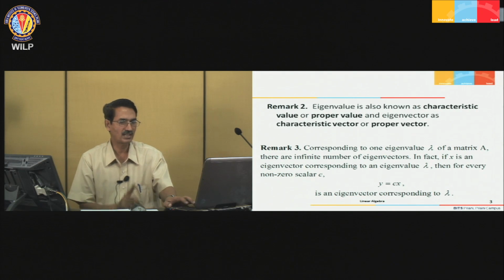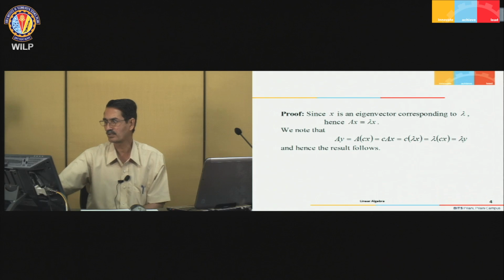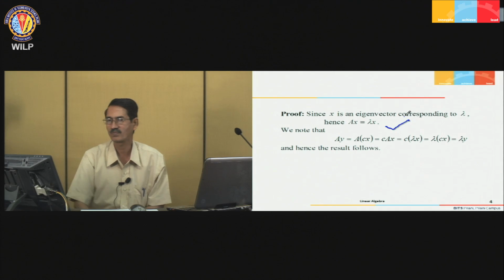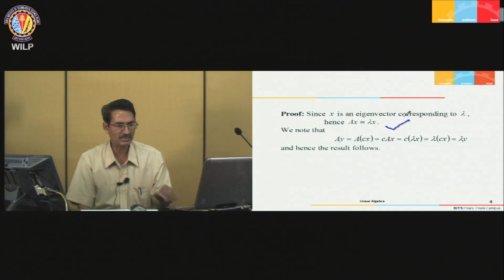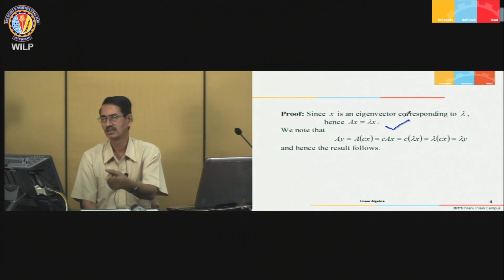So, that is the third remark, which is equally important. The proof is very simple in fact. Suppose x is an eigenvector corresponding to lambda, therefore, by definition A x will be equal to lambda x. And what is the previous remark? That if x is an eigenvector, then y equal to cx is also an eigenvector for every non-zero c.